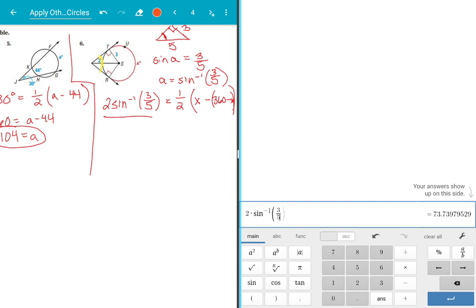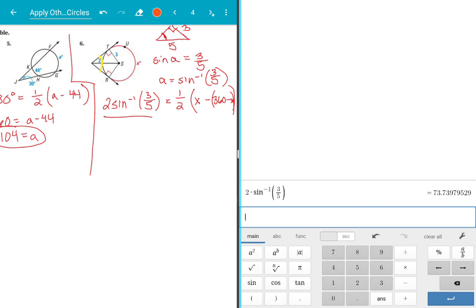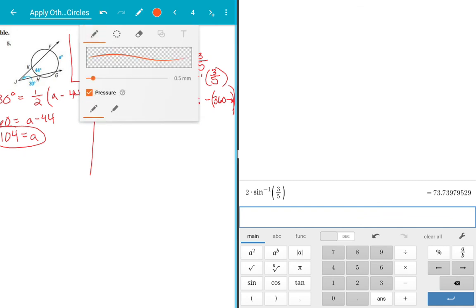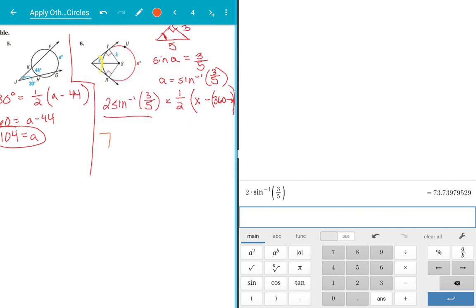Okay, we are in degree mode, so that's good. It is equal to about 74 degrees, or if we did tenths, 73.7, is equal to 1/2 times x. If we distribute the minus sign there, we get minus 360 plus x.